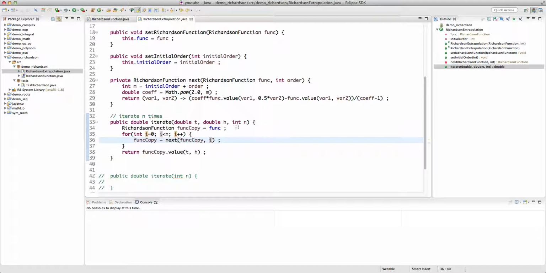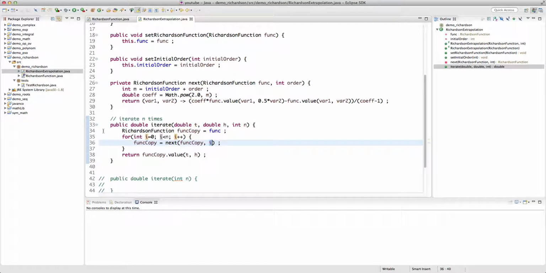If n is 0, we do not go into this for loop, and the func copy is just the original function, which is the 0th term of the sequence, and then we evaluate it at t and h. If n is 1, we want to get the first Richardson iteration, so i from 0 to less than 1, which means i is only 0, and func copy becomes next of func copy and i, which is 0. All right, so this is how we're doing iteration.